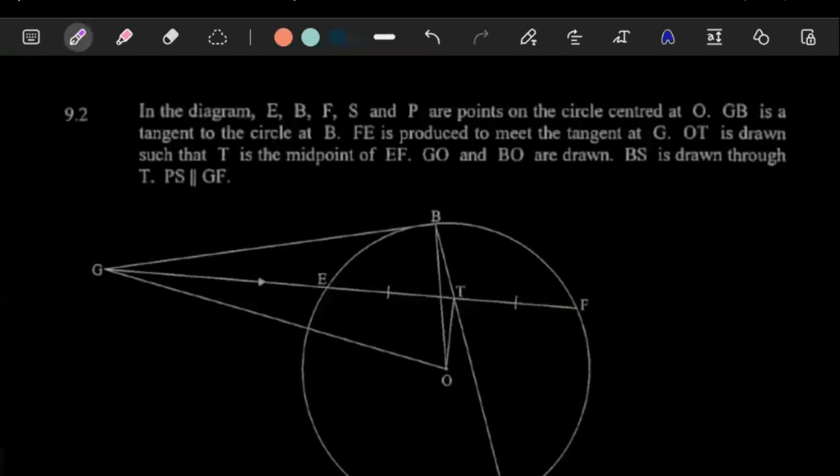9.2 says in the diagram, you have E, you have B, then you have F, you have S. Where's S now?